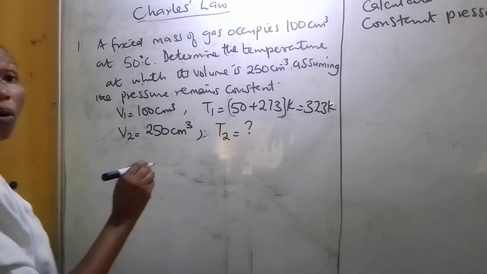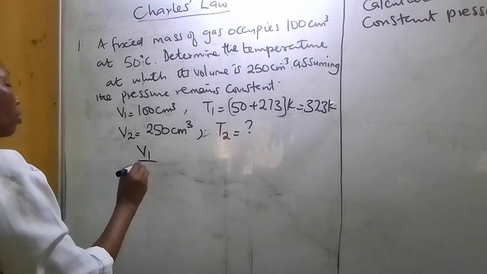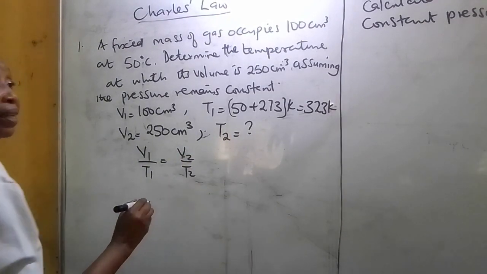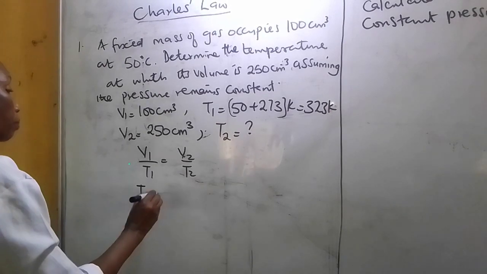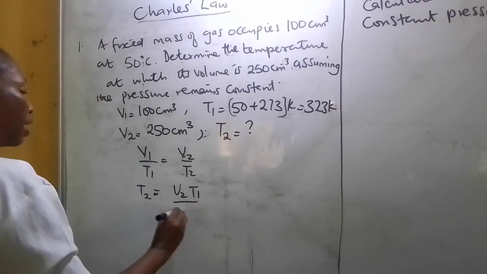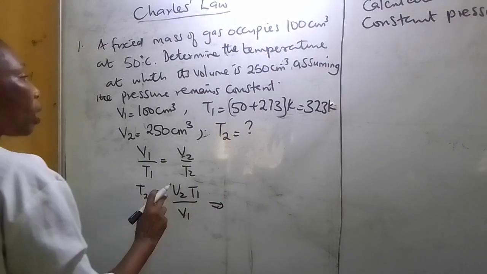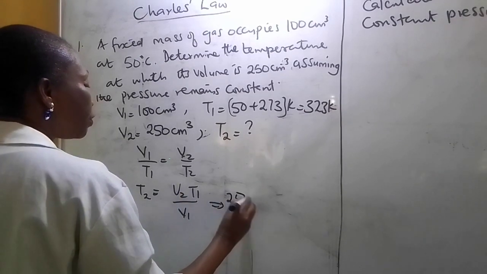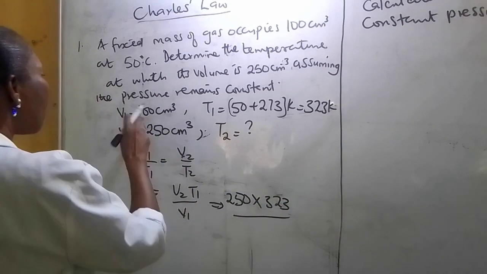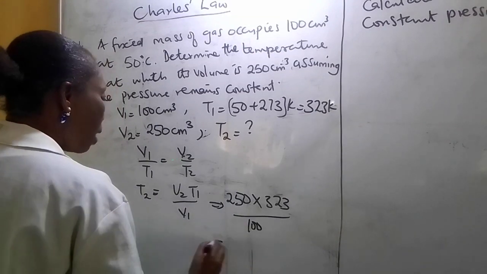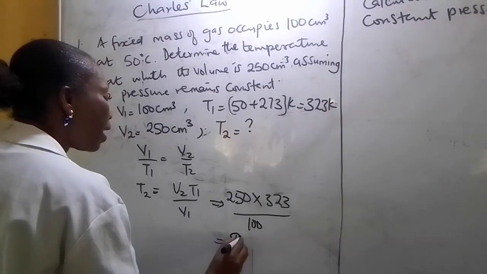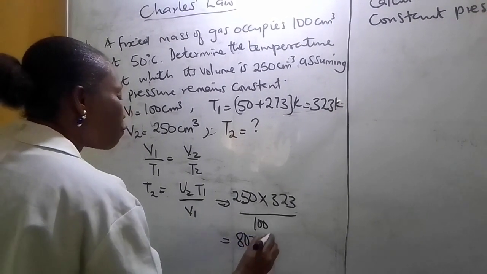We go with the formula V1 over T1 equals V2 over T2, making T2 the subject of the formula. We have T2 equal to V2 T1 divided by V1. And then we substitute. What is our V2? 250. What is our T1? 323. And what is our V1? 100. And that will give us 807.5 Kelvin.